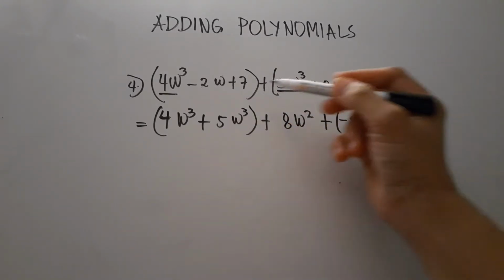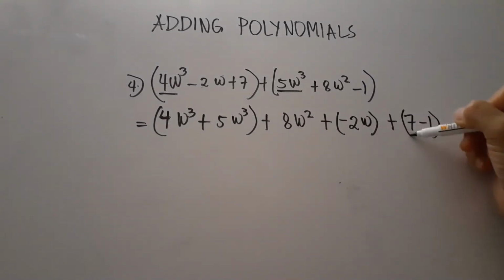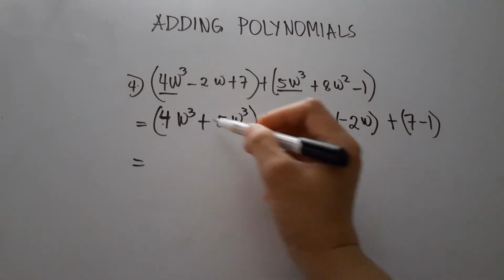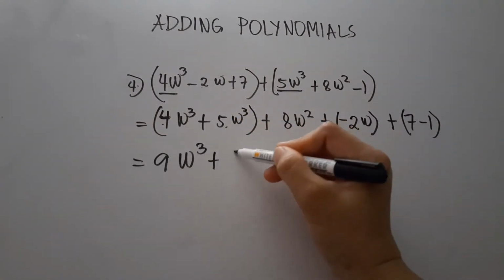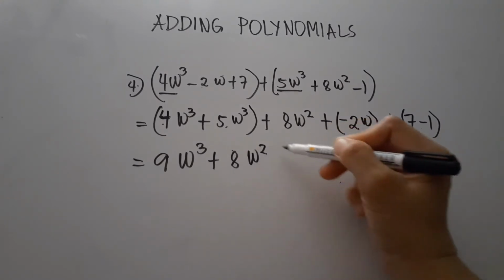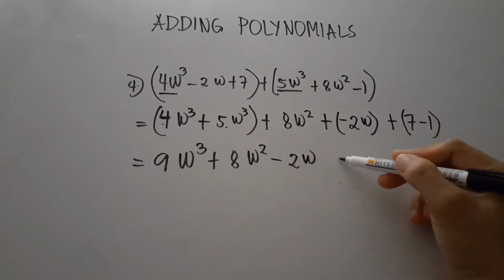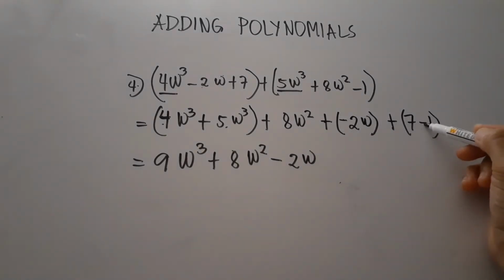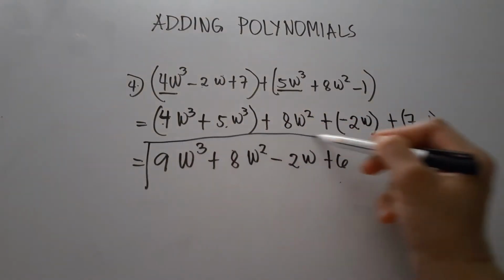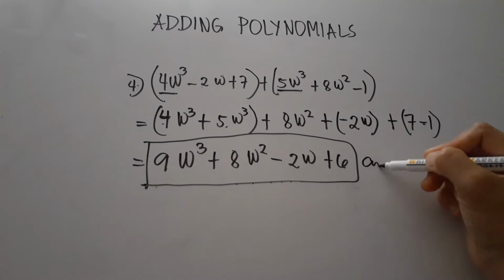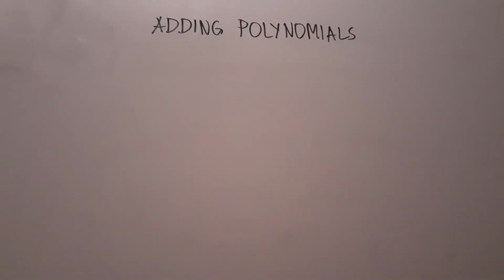Then the constant, which is 7 minus 1, then 4w cubed plus 5w cubed becomes 9w cubed. Then copy the 8w squared, then negative 2w, then 7 minus 1 becomes positive 6, and this is the answer, 9w cubed plus 8w squared negative 2w positive 6.